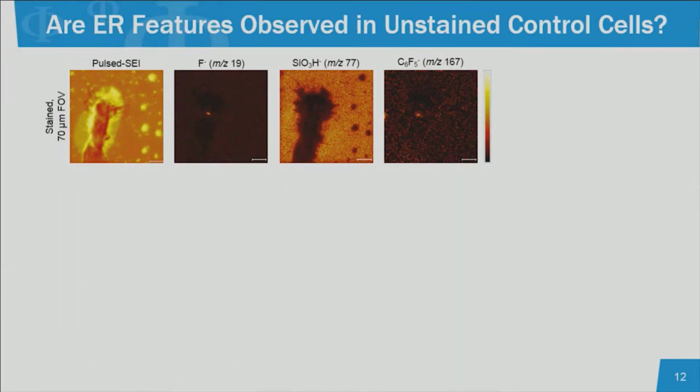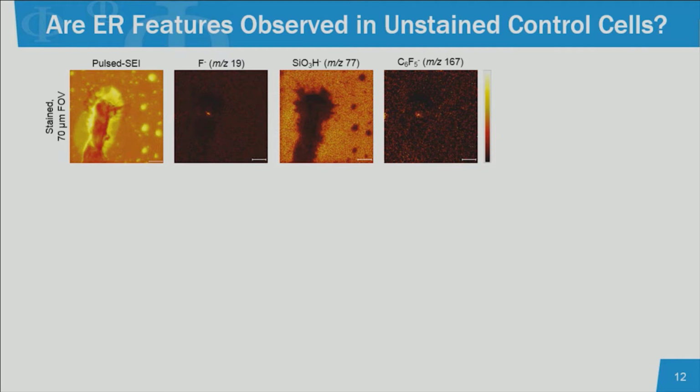So then the next question is, okay, do we see these same features in other cells that are transfected and stained? We looked at a number of cells, and indeed we do see the same types of hotspots or localization of fluorine signal together with the m/z 167 peak.